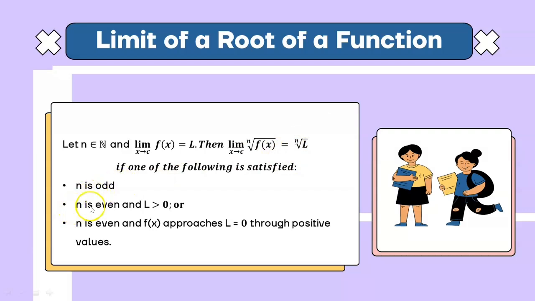However, if the index n is even, L should be greater than 0, because if L is negative and the index is even, we cannot get the nth root of that. Or n is even and f of x approaches L equal to 0 through positive values. So if L is 0, then we can still get the nth root of that. So these are just the things that we have to consider.